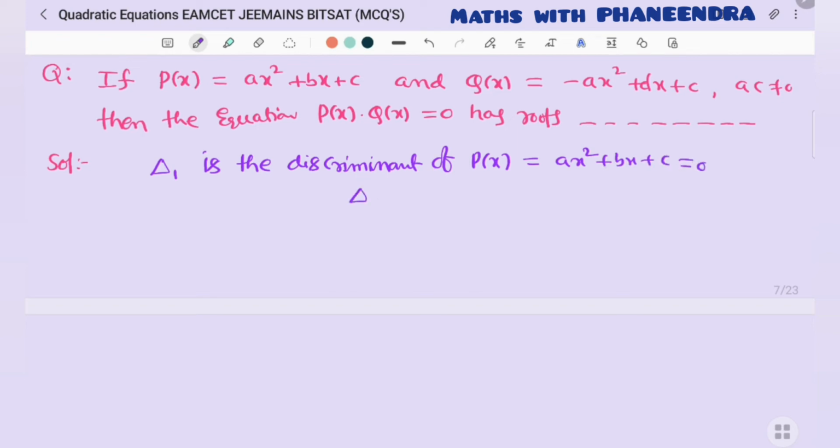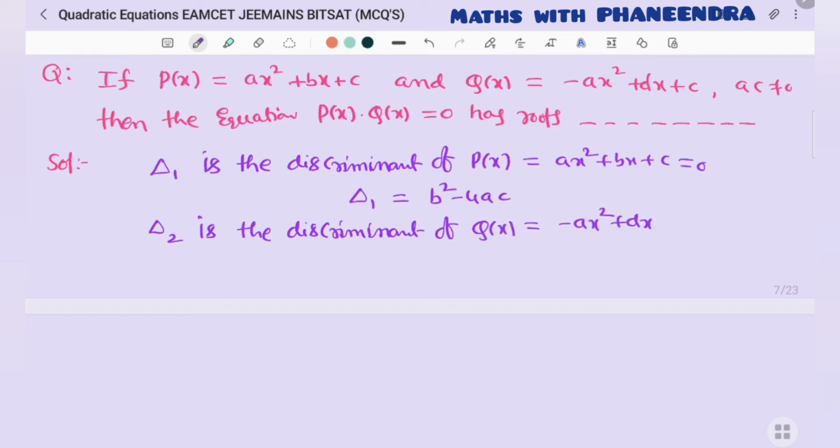So delta 1 is equal to b square minus 4ac only, no? Similarly, delta 2 is the discriminant of q of x, minus ax square plus dx plus c equal to 0. Then delta 2 is equal to how much? d square, minus of minus plus will come here.